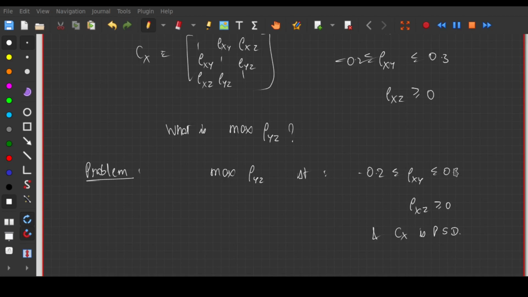Yes, we do have to. So C00 is 1, C11 is 1 and C22 is 1. Okay, and it's positive semi-definite.